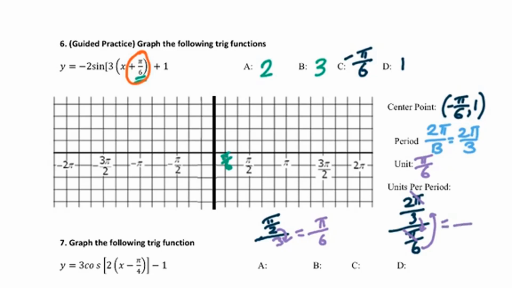We will get 2 times 6 over 3 equals 4. Therefore, first of all, I will figure out the center point, negative pi over 6, 1. That's over here. Then we will form a new coordinate plane.